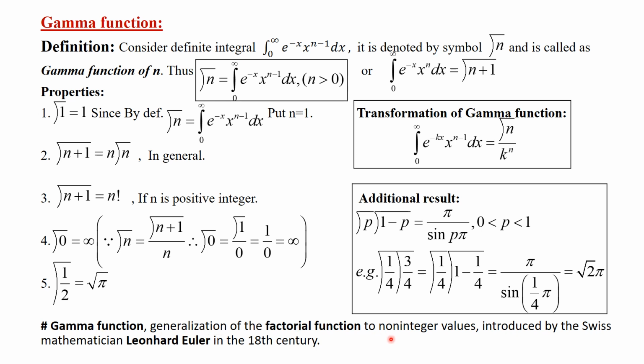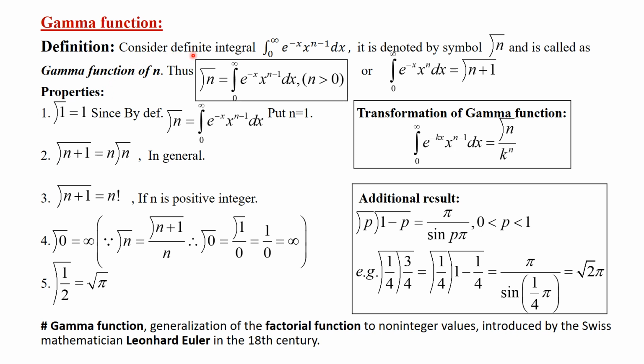For fractional values, a special function occurs, which is called the gamma function, which is the generalization of the factorial function to non-integer values, introduced by the Swiss mathematician Leonhard Euler in the 18th century. First we'll go through the definition of the gamma function.